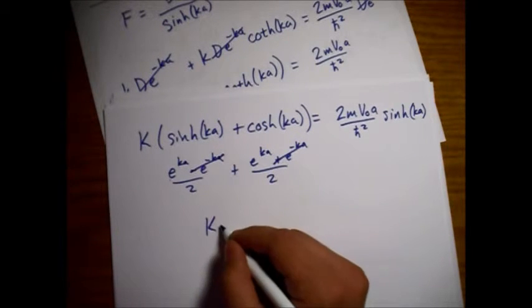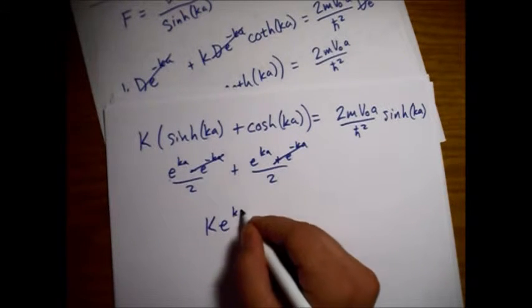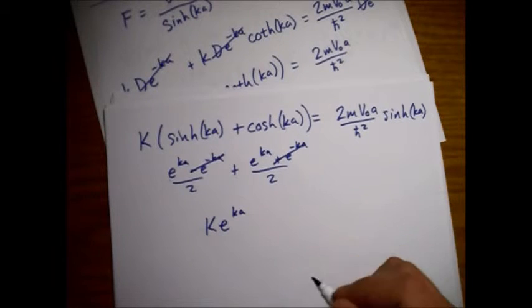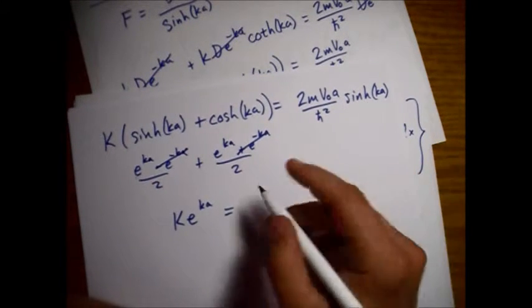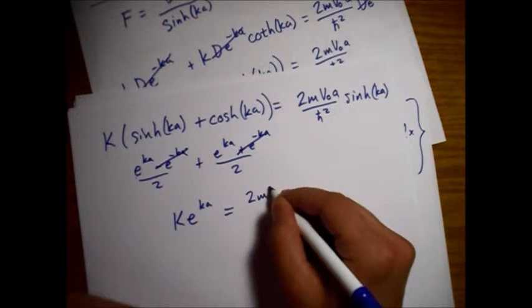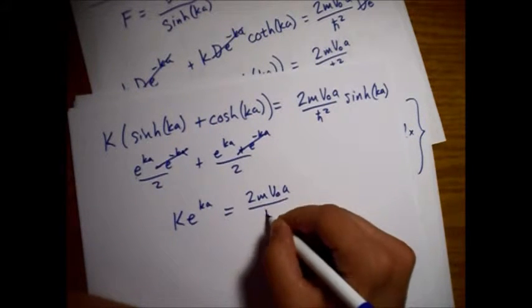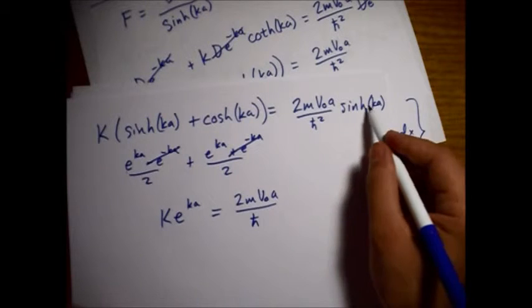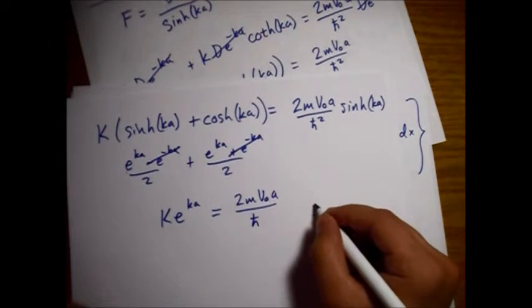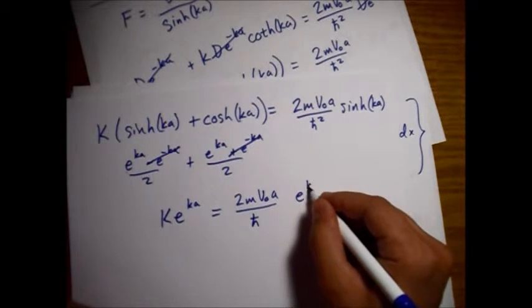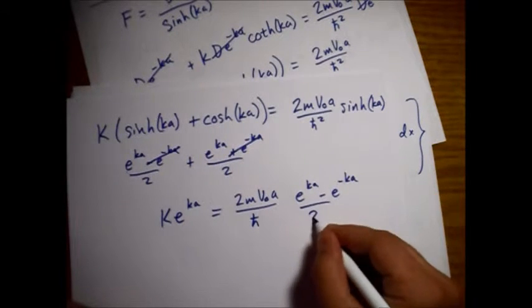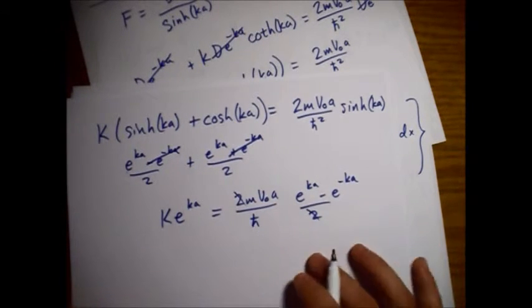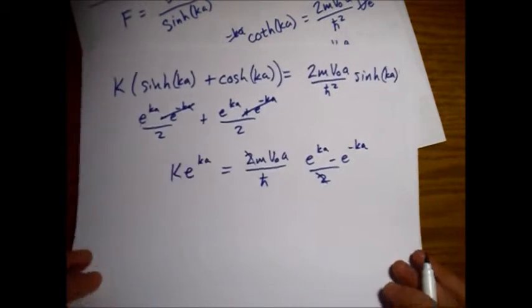So e to the ka is what we've got left. And on this side we have 2m V naught a over h bar, and let's also go ahead and split this up. So we would have an e to the ka minus e to the minus ka divided by 2. These 2's are going to cancel.